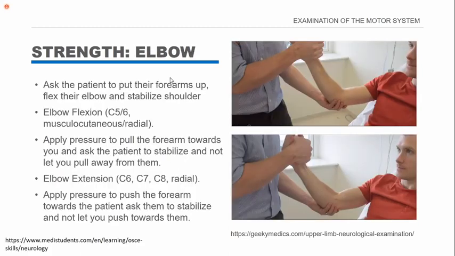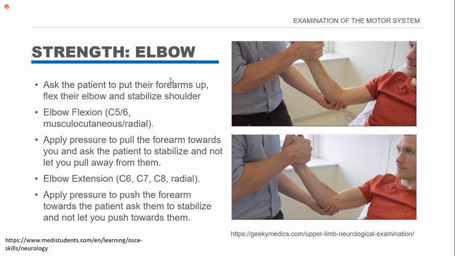Then checking strength, ask the patient to put their forearms up, flex their elbows, and stabilize their shoulder. Apply pressure to pull the forearm towards yourself. This is checking elbow flexion. If the patient is able to overcome your resistance, his flexion is normal.